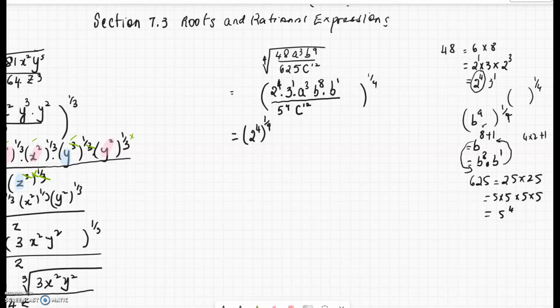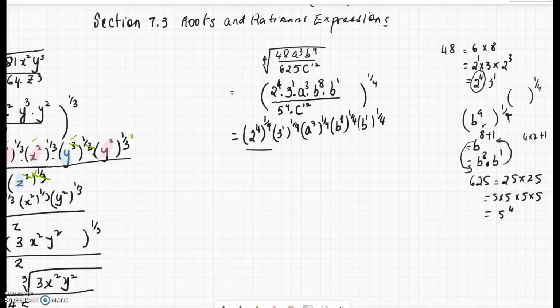Since it's all multiplication inside and division, each of the numbers is going to be raised to the 1/4. So that's 3 to the 1 to the 1/4. A cubed to the 1/4. B to the 8th to the 1/4. B to the 1 to the 1/4.